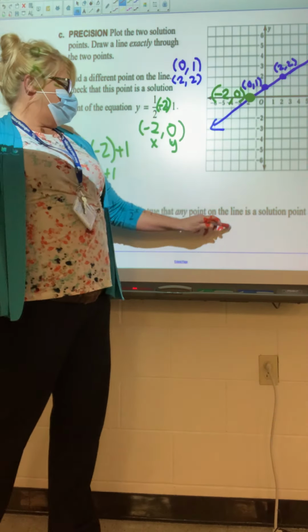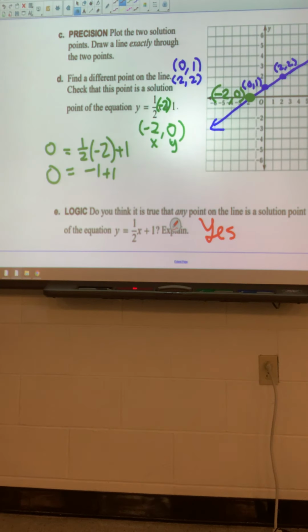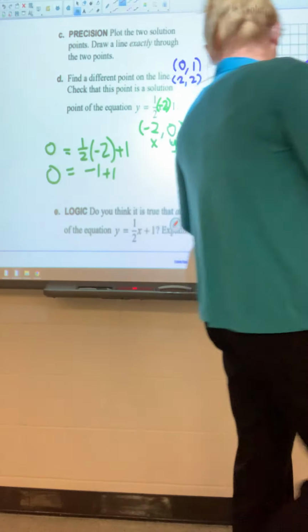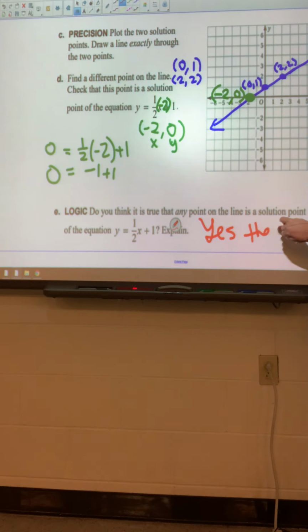So yes. Explain. Well, if you put in that x, the y comes out. So the x and y are true. I'll just say that. Any point, you should have the x making the y true.